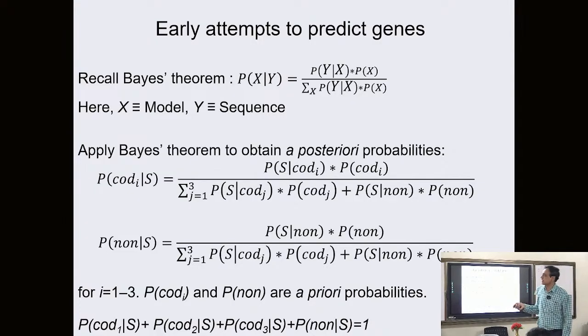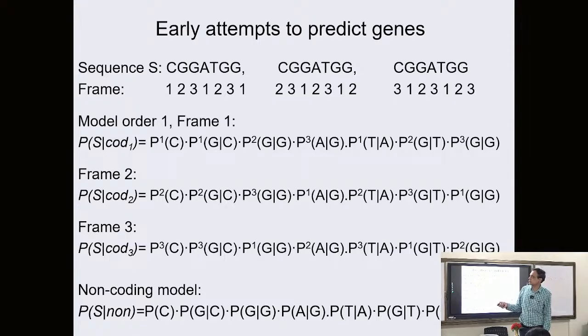So let's consider the coding model in frame I, where I is 1, 2 or 3.